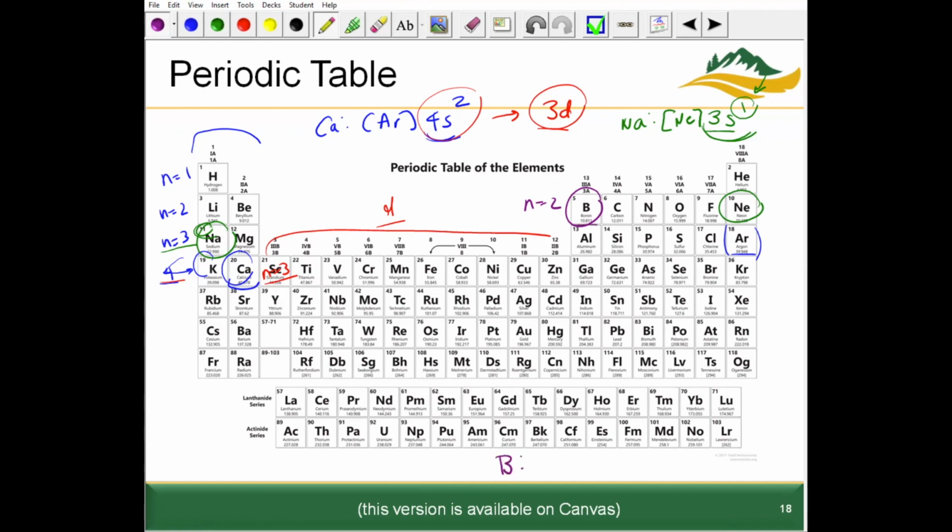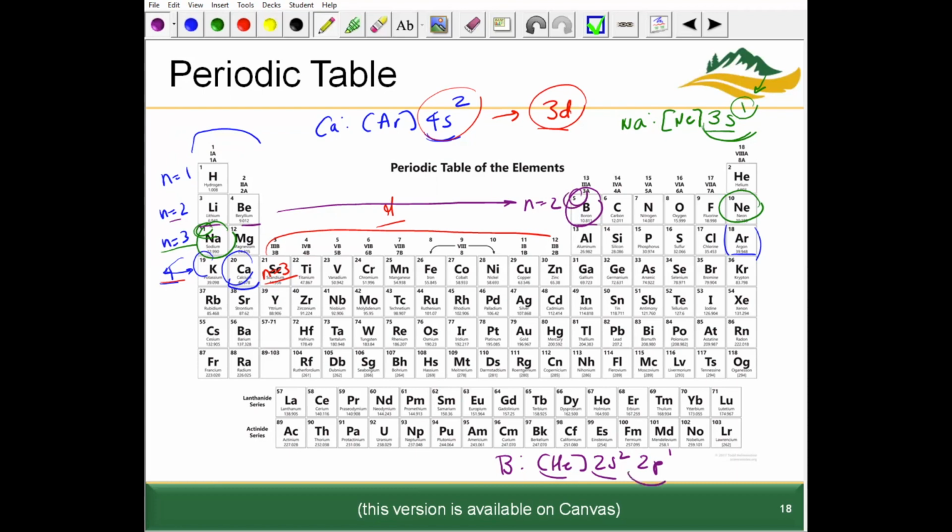So for boron and using the noble gas configuration of helium, we're going to fill 2s2. Then we're in the p block over here, so that's 2p. How many more electrons then? Just one more. Helium accounts for 2 electrons, 2 more, so 5 total.